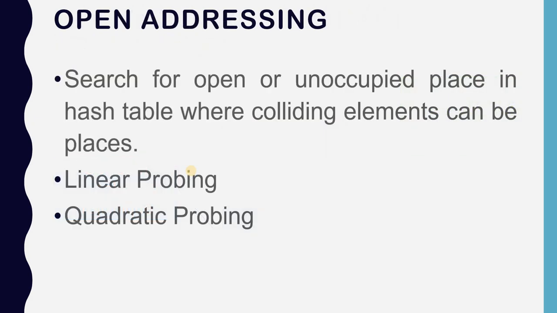It searches for an open or unoccupied place in the hash table where colliding elements can be placed. To search for an open place, there are different techniques: linear probing, quadratic probing, and rehashing or double hashing.